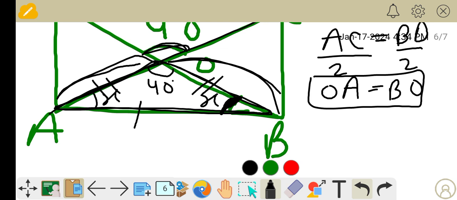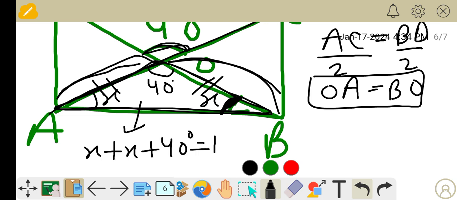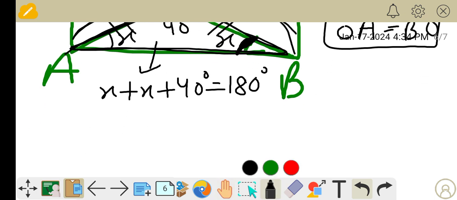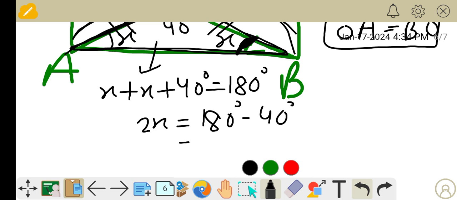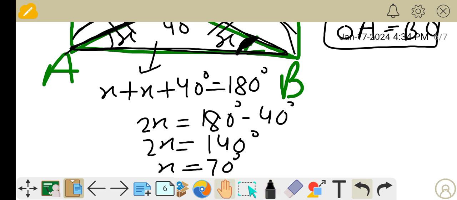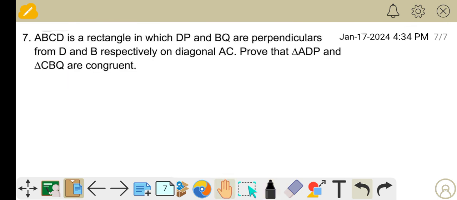Using the angle sum property in this triangle, we get x plus x plus 40 degrees equals 180 degrees. Now solve this linear equation: 2x equals 180 minus 40 degrees, which is 140 degrees, so x equals 70 degrees. That's the required answer.